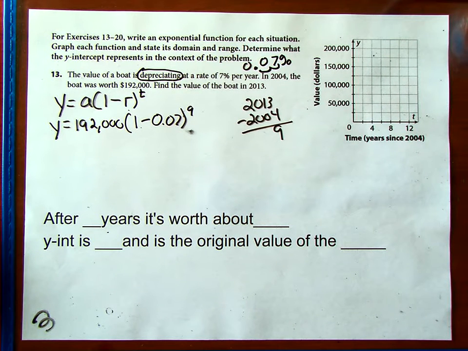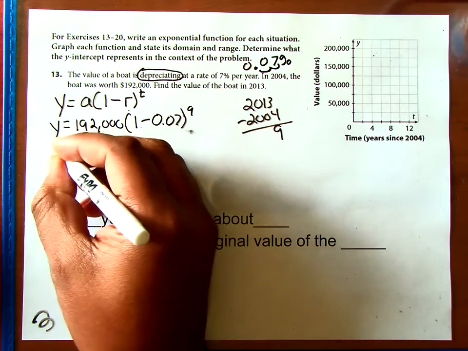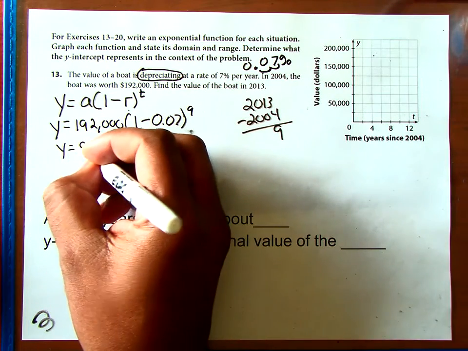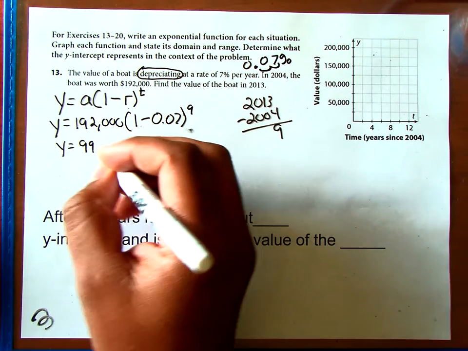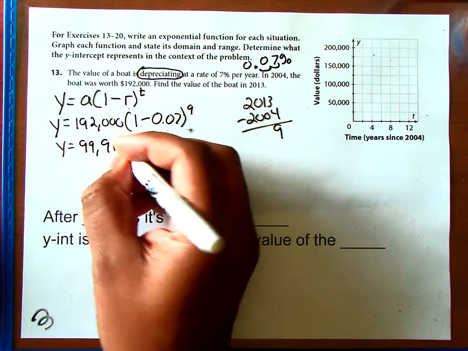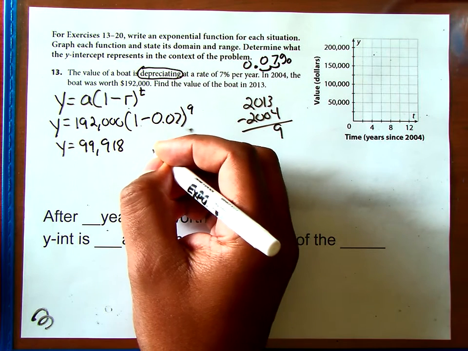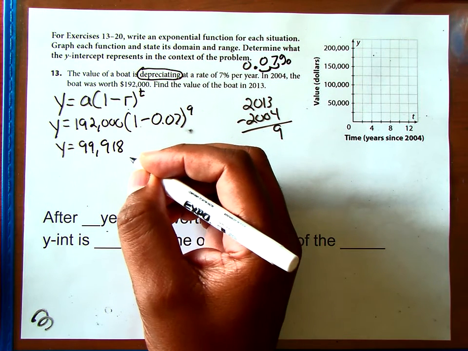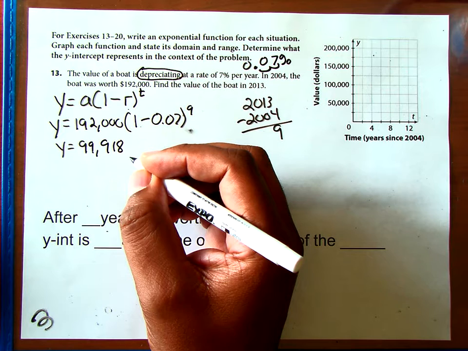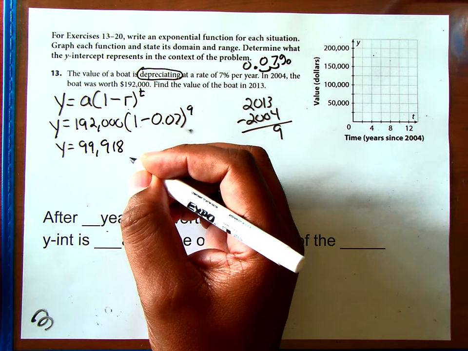And what I want to do is go ahead and type this right into the calculator and hit enter. And when I do, I get $99,918.93.